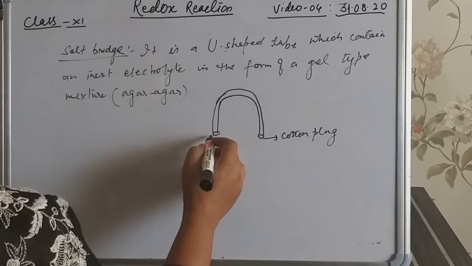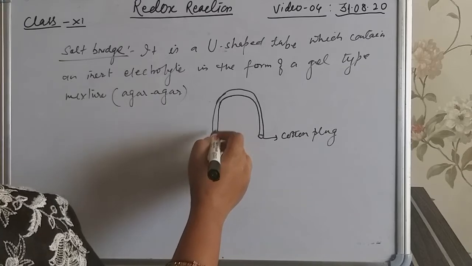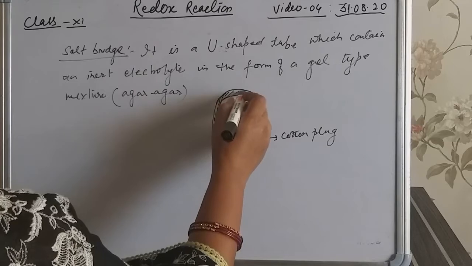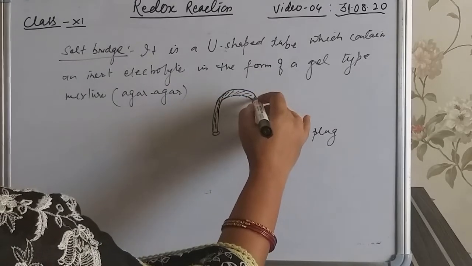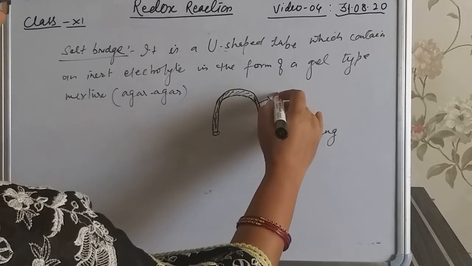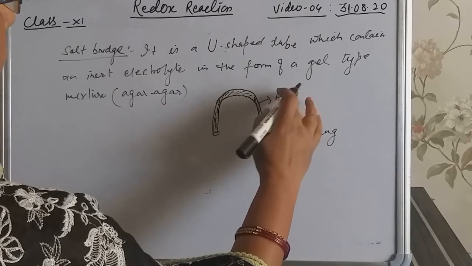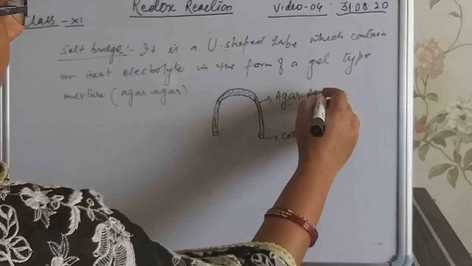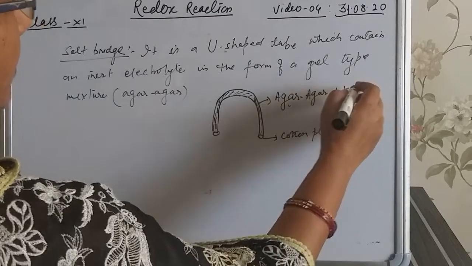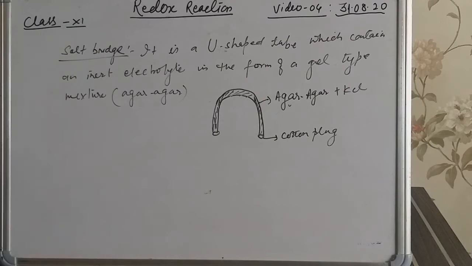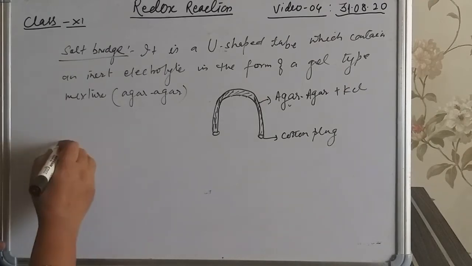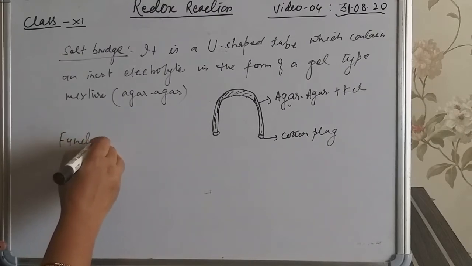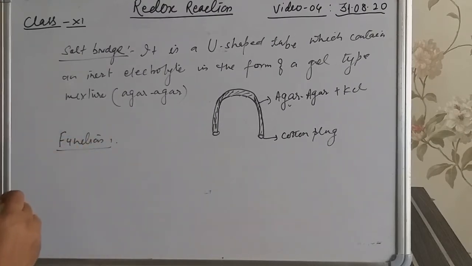Also it is porous because an exchange of electrolyte takes place, and it is filled with agar plus any chemical compound. That is the structure, and the function is also important regarding the salt bridge.